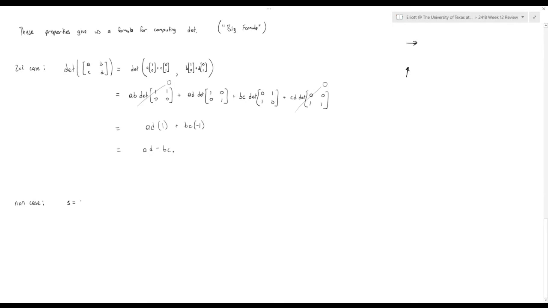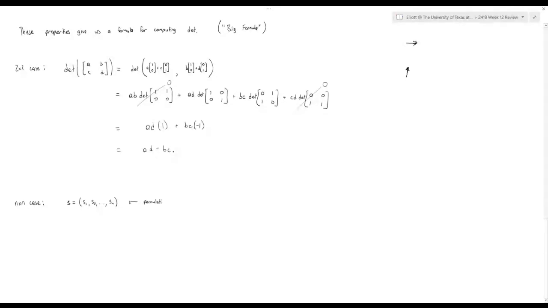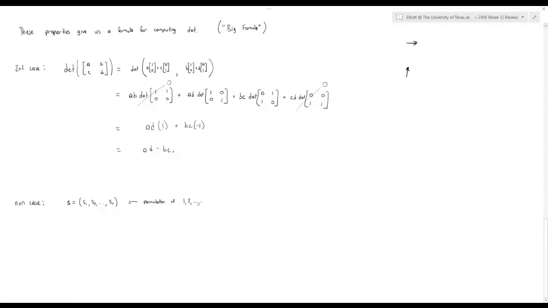So I'm going to let S denote this list of numbers S1 through Sn. And here the numbers S1 through Sn are going to be a reordering, or a permutation, of the numbers 1 through n.